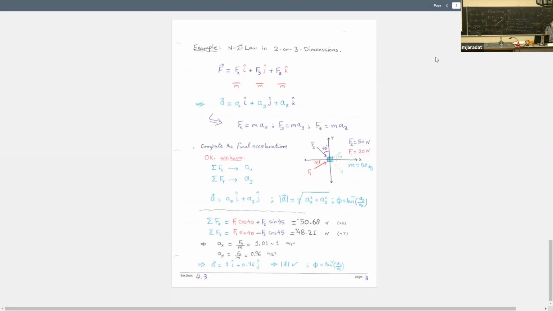Any questions? The tan inverse of Fy over Fx and the tan inverse of Ay over Ax, those will be different numbers, right? No, because they are in the same direction. If you take the opposite, this is Ay over the adjacent Ax.